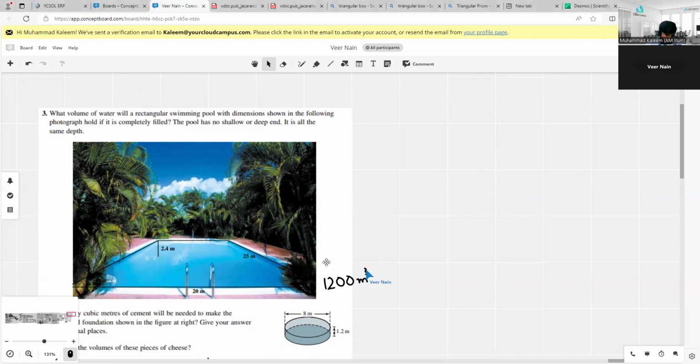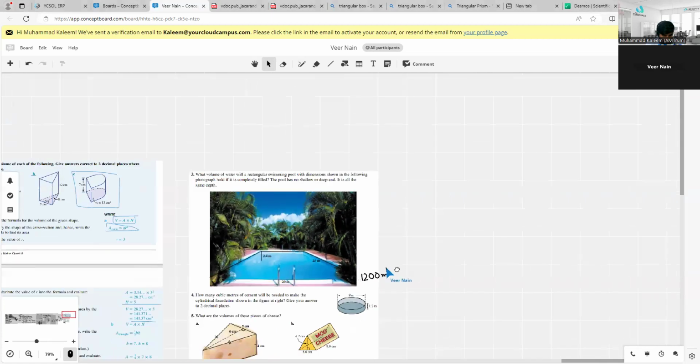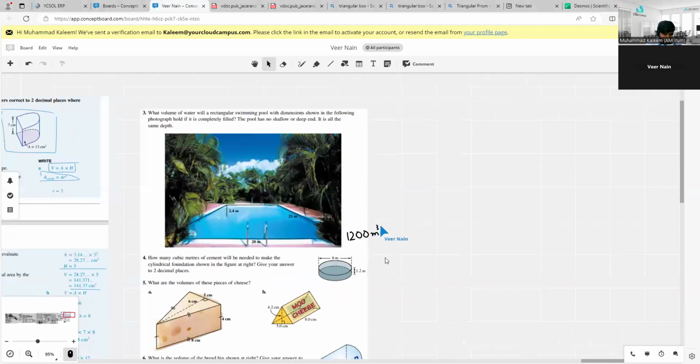Is it 3 or is it 2 over here in the unit? Because it's a volume, we must take the cube of the unit, so it'd be 3, right? Yep, that's true.